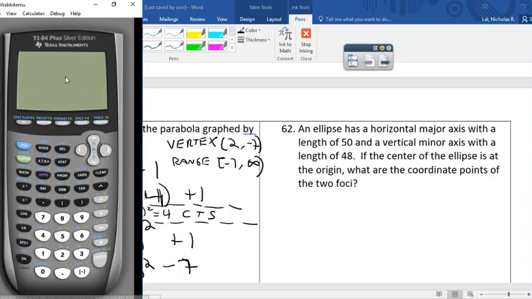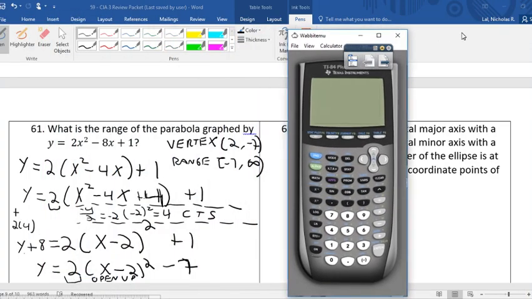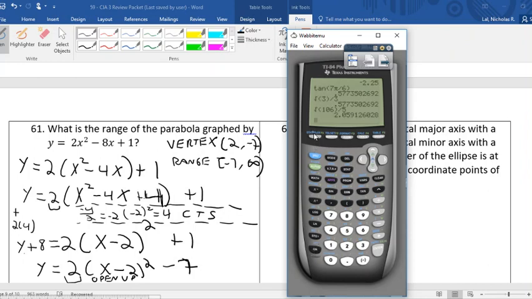All right. Another thing you can do is you can just take your calculator, mode, function, okay? Graph it, 2x squared minus 8x plus 1. You'd have to zoom out.